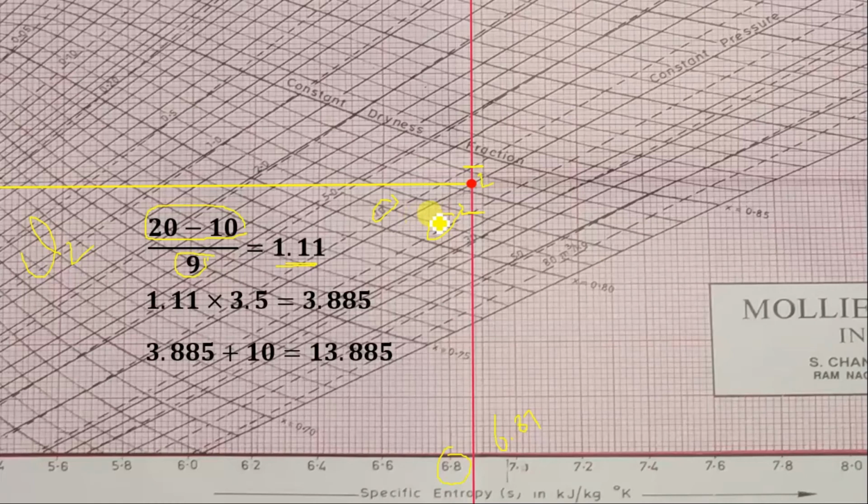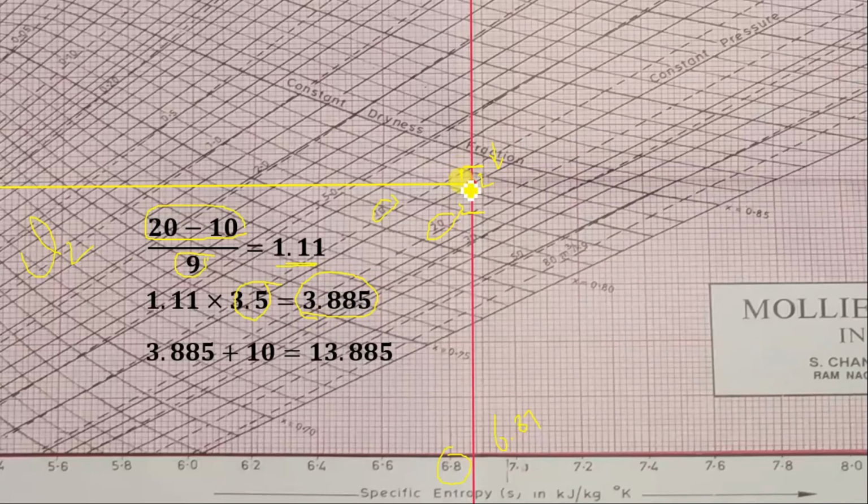So calculate from the top. From the top, check how many boxes for this point. This is our point: 1, 2, 3, 3.5 boxes are there. From the top, we have 3.5 boxes. So I multiplied 1.11 by 3.5 boxes. How much did I get? 3.885.